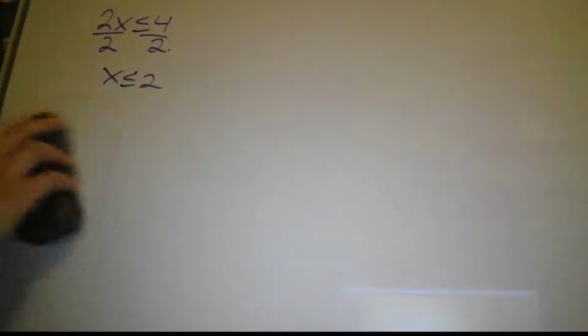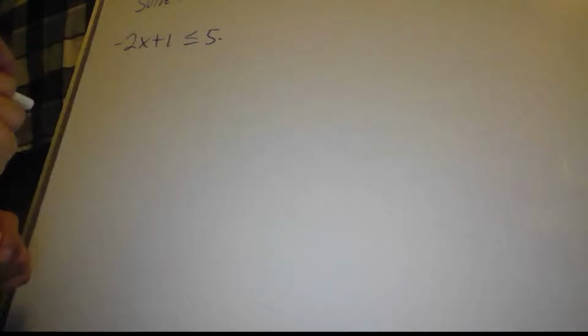Now let's say that, for example, instead of 2x plus 1, we had negative 2x plus 1 is less than or equal to 5. Okay? This one's different. You have to be careful. You subtract 1 on both sides, right?